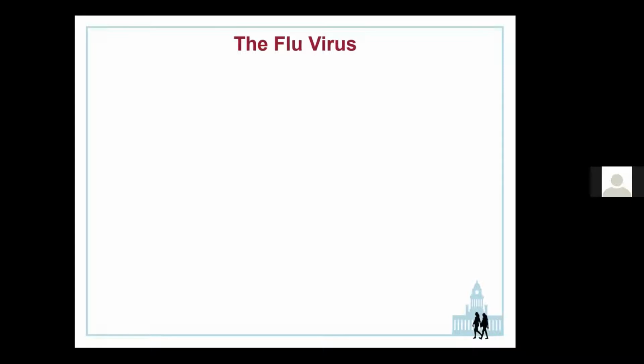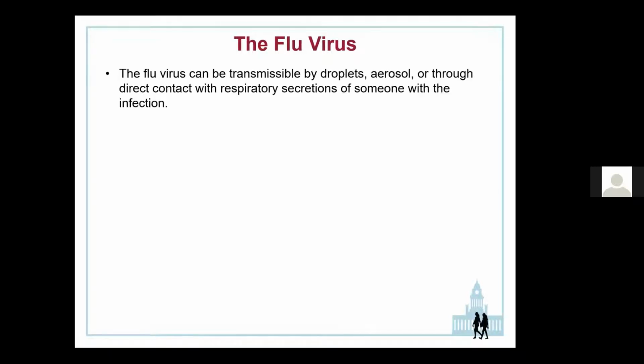Virus A, as we have identified, can cause the most outbreaks yearly and is the usual cause of epidemics. In terms of transmission, this can be transmissible by droplets, aerosol, or through direct contact with respiratory secretions of someone with the infection.